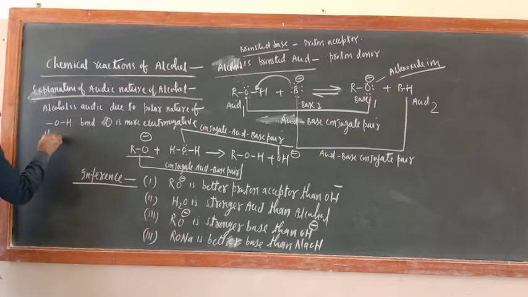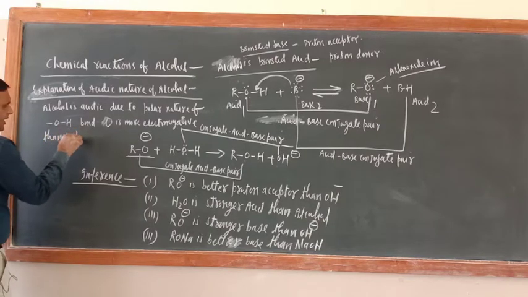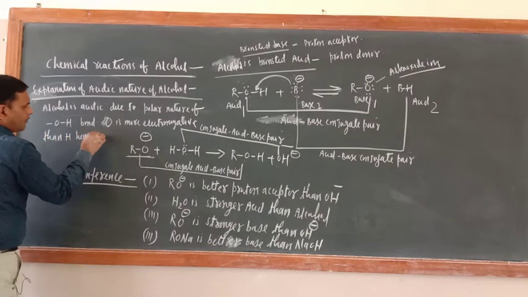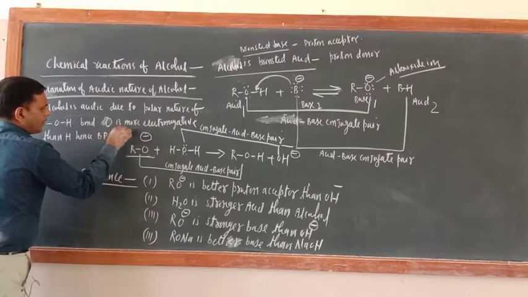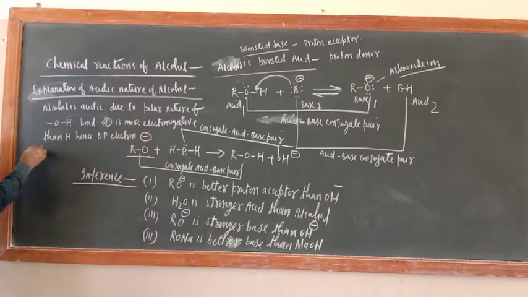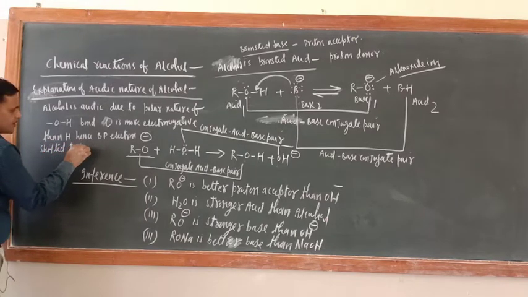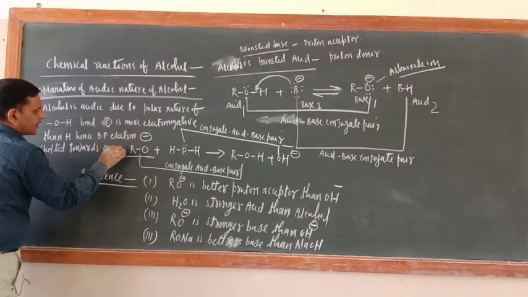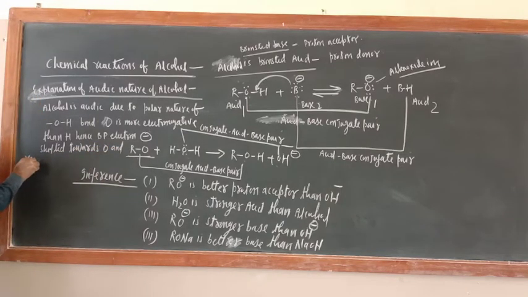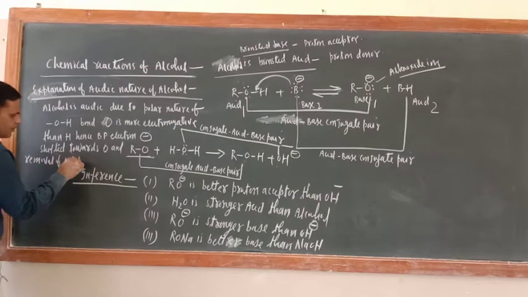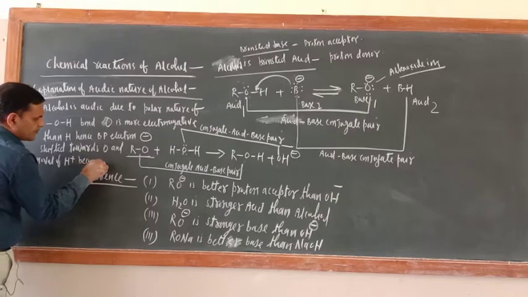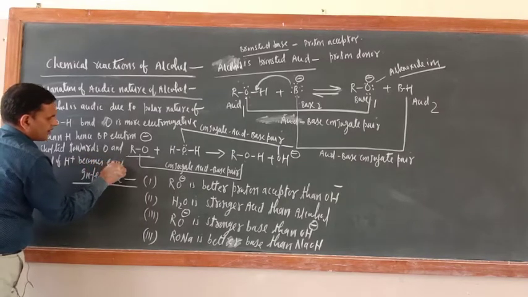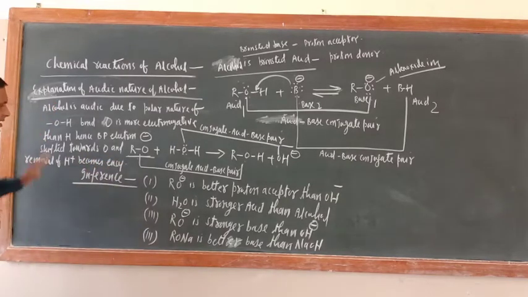than hydrogen. Hence, the bond pair of electrons is shifted towards oxygen, and removal of H positive becomes easy.